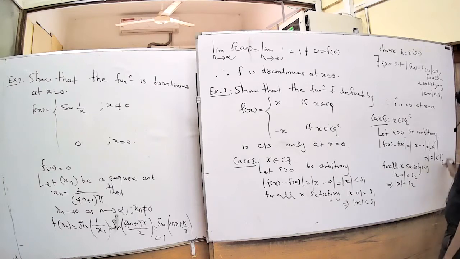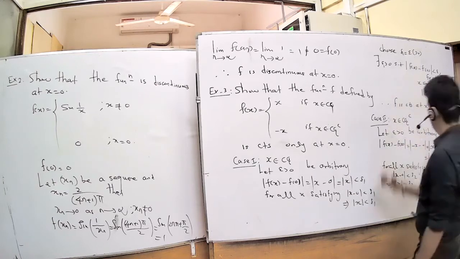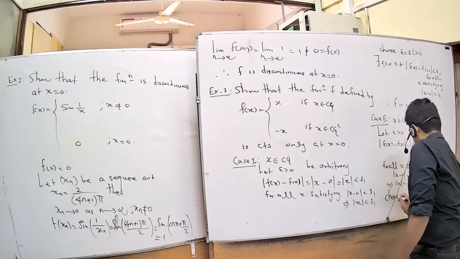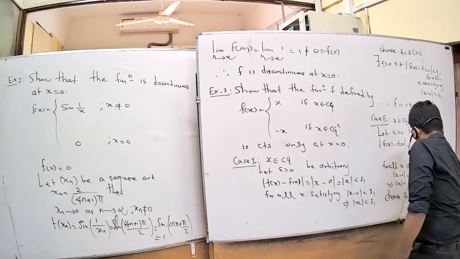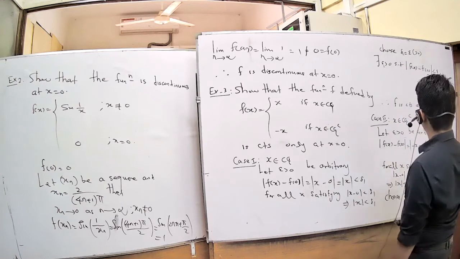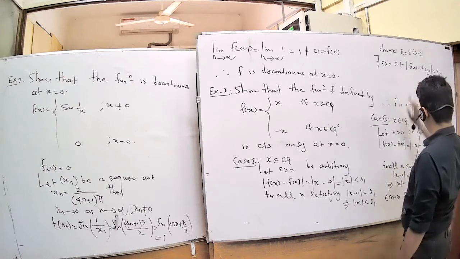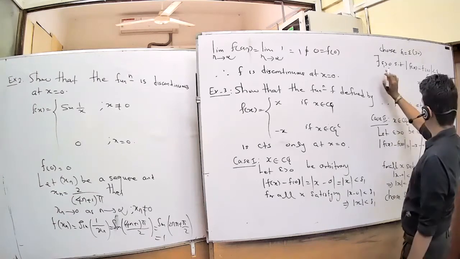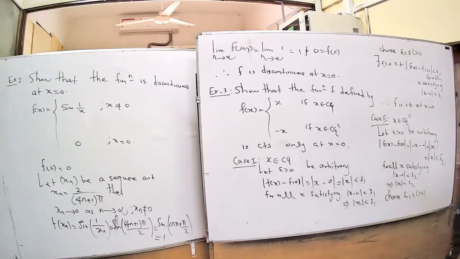Now choose delta 2 equal epsilon, positive. Then there exists delta 2 greater than 0 such that modulus of f of x minus f of 0 is less than epsilon for all x satisfying modulus of x minus 0 less than delta 2.